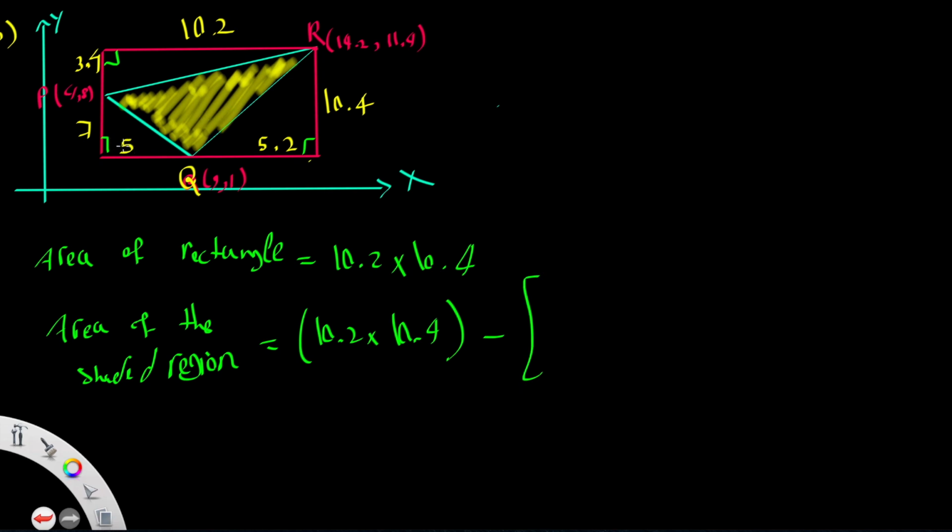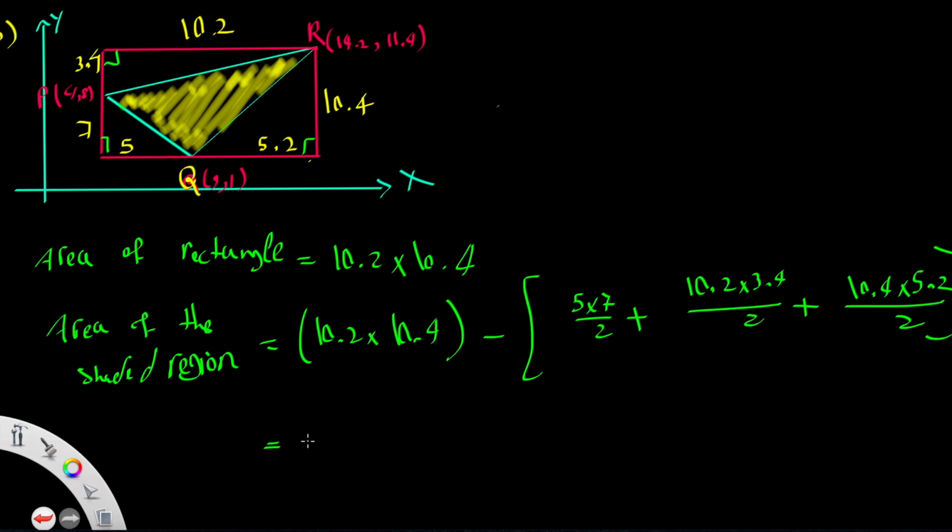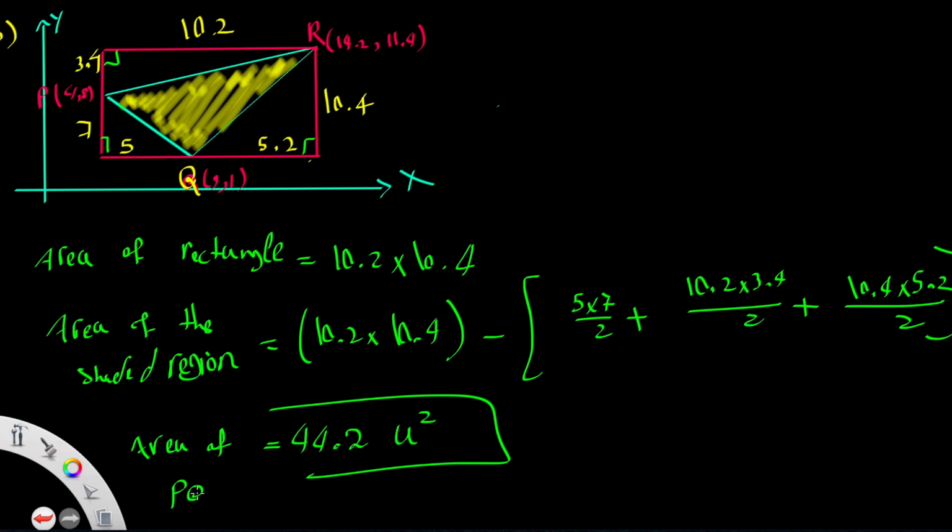For the first triangle, it has a height of 7, base of 5, so it will be 5 times 7 divided by 2, plus the second triangle is 10.2 times 3.4 over 2, half of base times height, plus, and this one will be 10.4 times 5.2 over 2. And at the end, you will have 44.2 unit square as the area of triangle PQR.